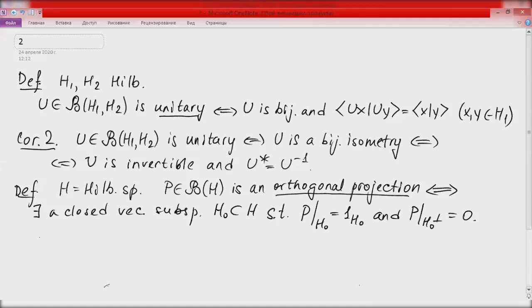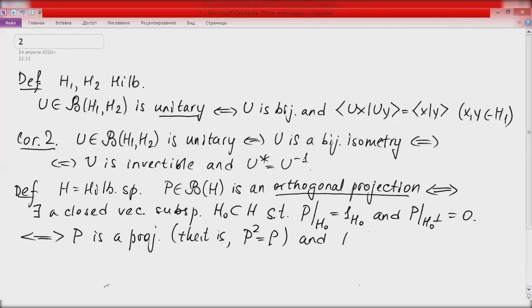So equivalently, this means that P is a projection, which means that P squared equals P, P is idempotent. And the kernel and the image of P are orthogonal to each other.